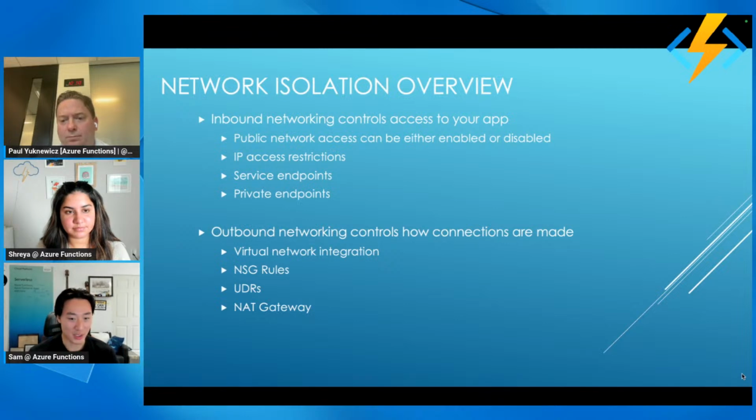So I had mentioned there's certain layers you can add for what can access your resource. And the first layer is IP access restrictions. And this is essentially saying I have a set of trusted IP addresses that I know are allowed to access my resource. So I can list all these IPs and then allow them access to, let's say, my storage account.